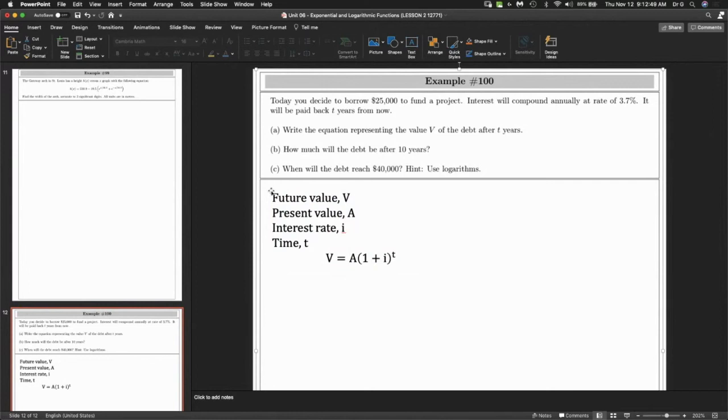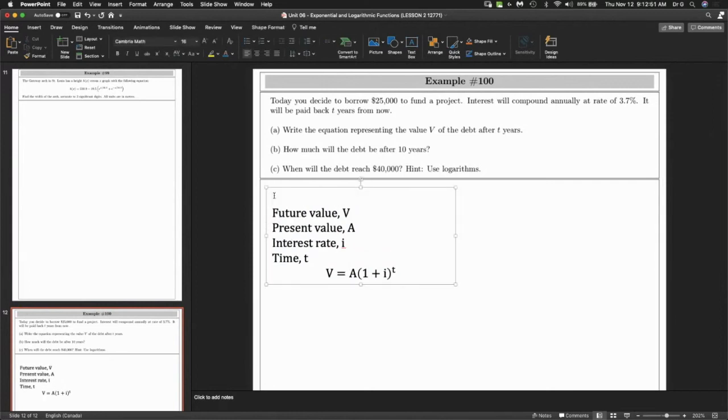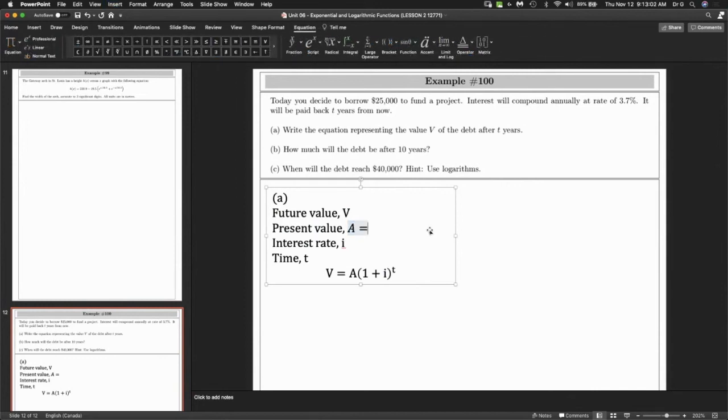So in this specific question, for answering part A, we know that today we're going to borrow 25,000. So A equals 25,000. And the interest rate is 3.7%, which we immediately convert to a decimal.